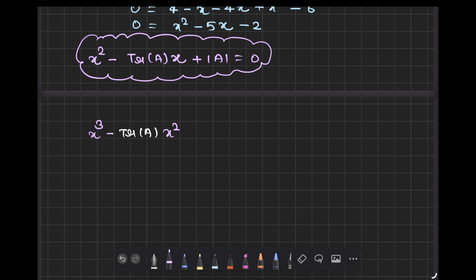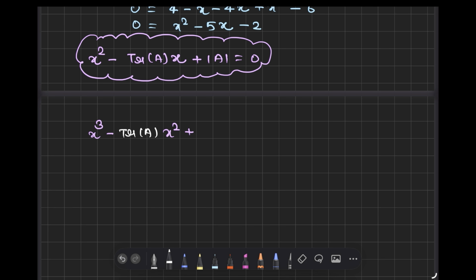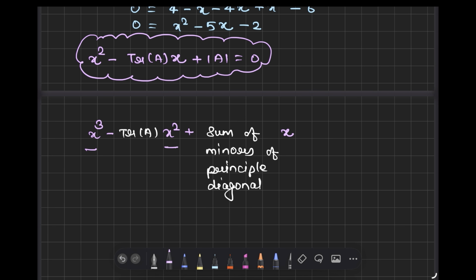Here x square. Now plus minus is done. Now you have to write plus. Here you have to write sum of minors. Minors, I will tell you later what minors are. Minors of principal diagonal. Okay, and then x power 3, x power 2, x.